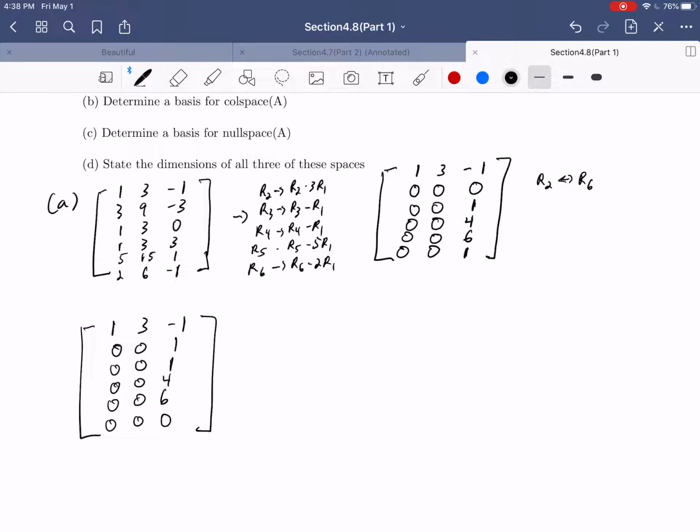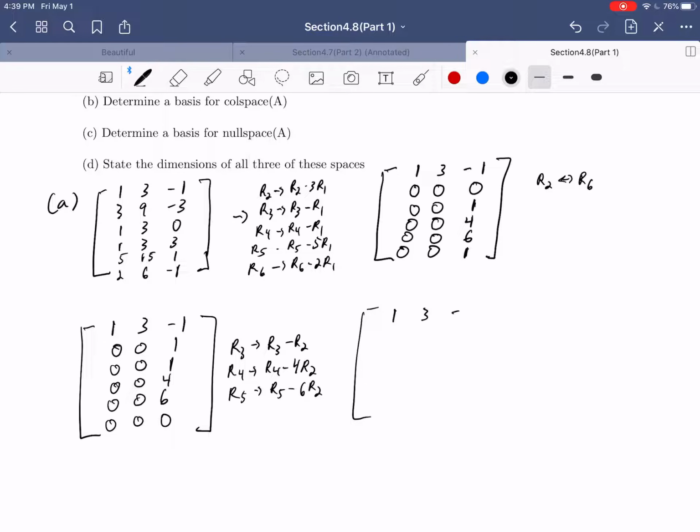Now we can replace R3 with R3 minus R2, R4 with R4 minus 4R2, and R5 with R5 minus 6R2.